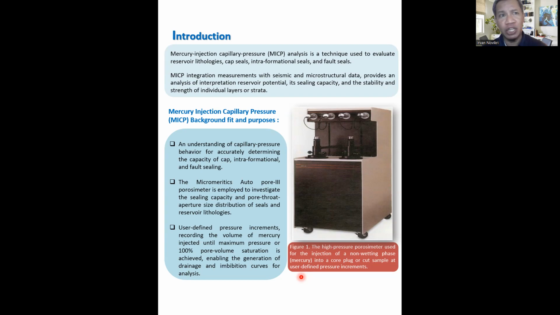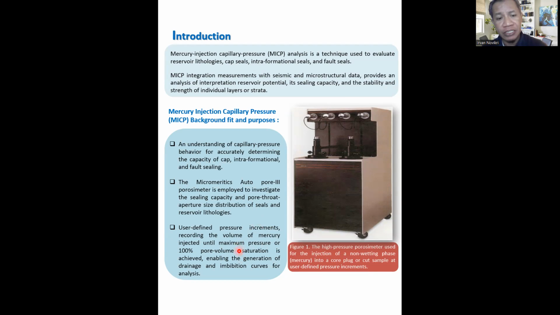It enables the injection of mercury into core plugs or cut samples at user-defined pressure increments, allowing for the investigation of sealing capacity and pore throat aperture size distribution of reservoir lithology and seal. This state-of-the-art equipment provides valuable data for understanding capillary pressure behavior, assessing the potential of the reservoir and sealing capabilities.